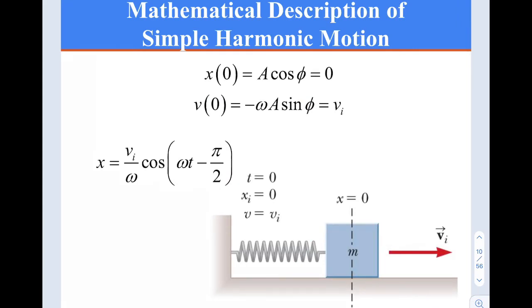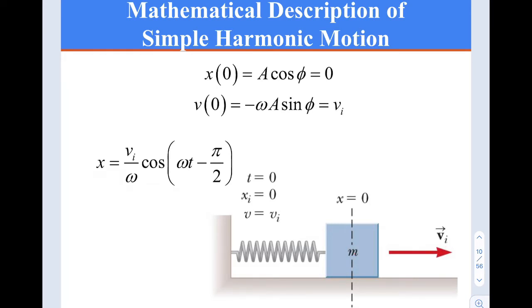Let's consider another possibility for the motion of the mass spring system. Let's say the system is in motion, oscillating, and at this instant the object is passing through the unstretched position, or we call it the equilibrium position, x equivalent to 0, while in motion to the right. v initial is to the right.